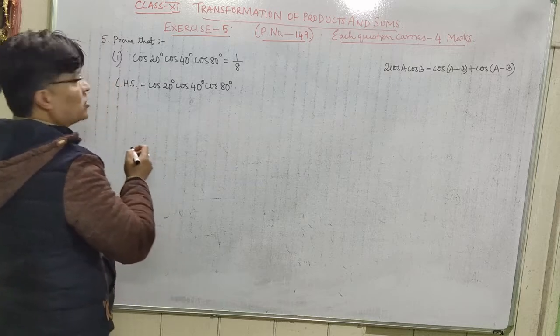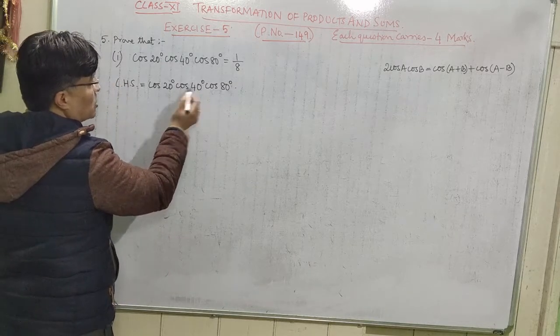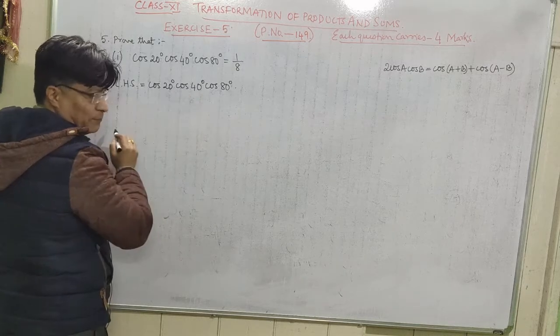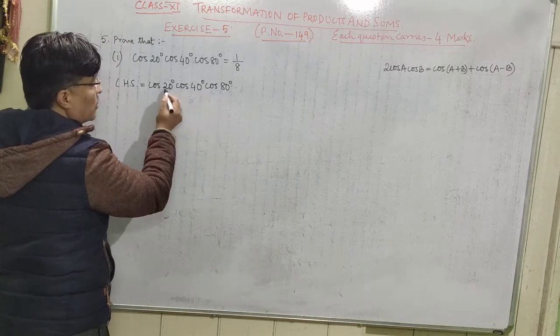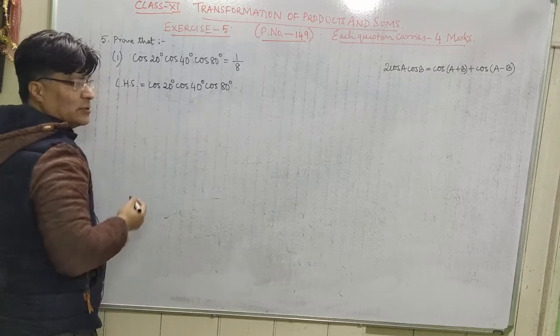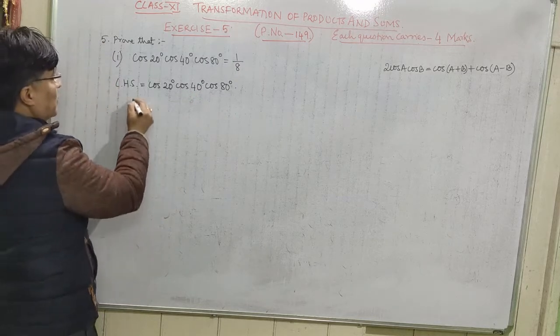So let us take the first two terms, cos 20 and cos 40. Let us use the formula for cos 20 and cos 40. So 40 is greater than 20. So 40 is taken as A and 20 is taken as B. And we need 2 here.